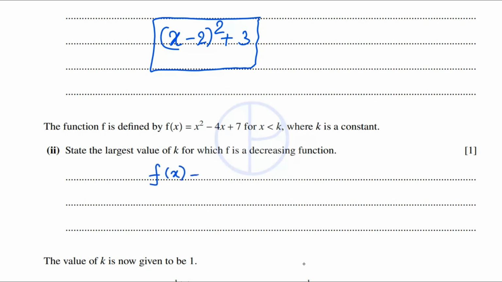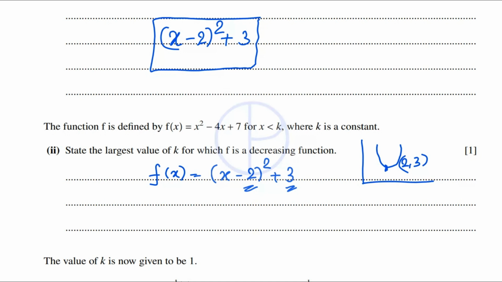Let's write f of x as x minus 2 the whole square plus 3. When you sketch this graph, you'll get like this, and this will be 2, 3. Okay, so we are taking 2 from here, and this is the y-axis value. So 2, 3. So f is a decreasing function. That means the gradient of the function f is negative.